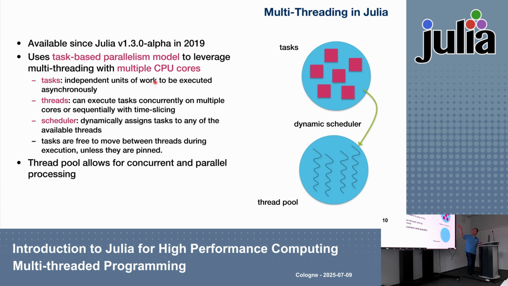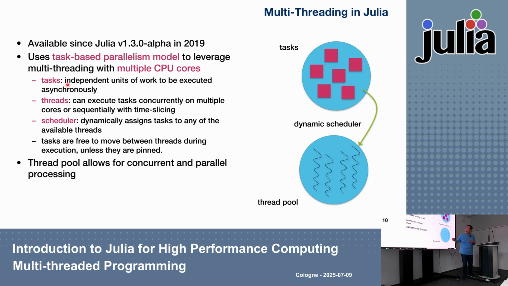Here, for the purpose of illustration, I have six tasks. A task in Julia is an independent workload that can be computed independently. As you can see here, 6 different tasks.